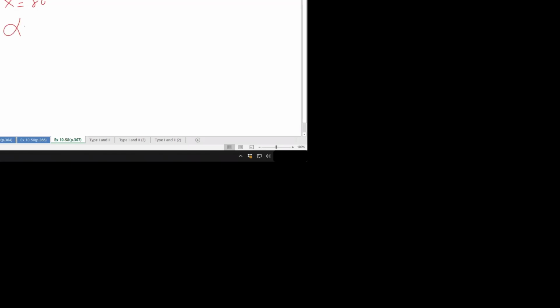Alpha is 0.05. Since we have x out of n, 80 divided by 200, this produces a sample proportion of 0.4. So this is p, or the sample proportion.